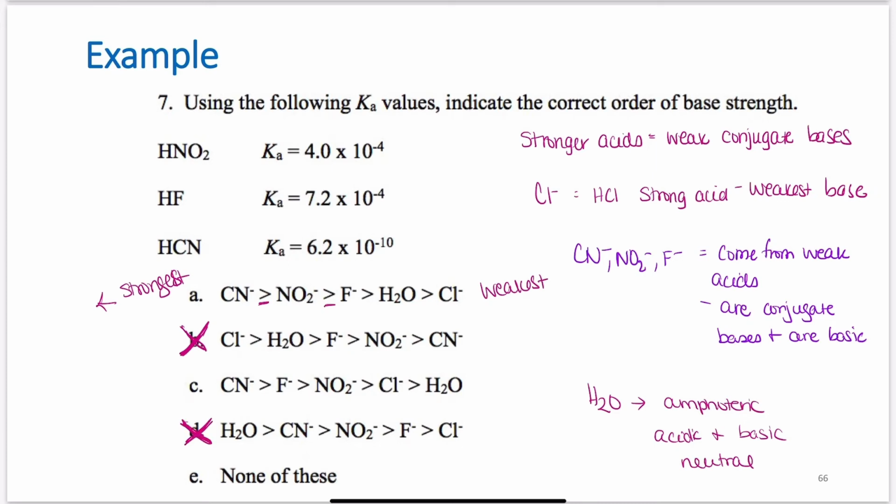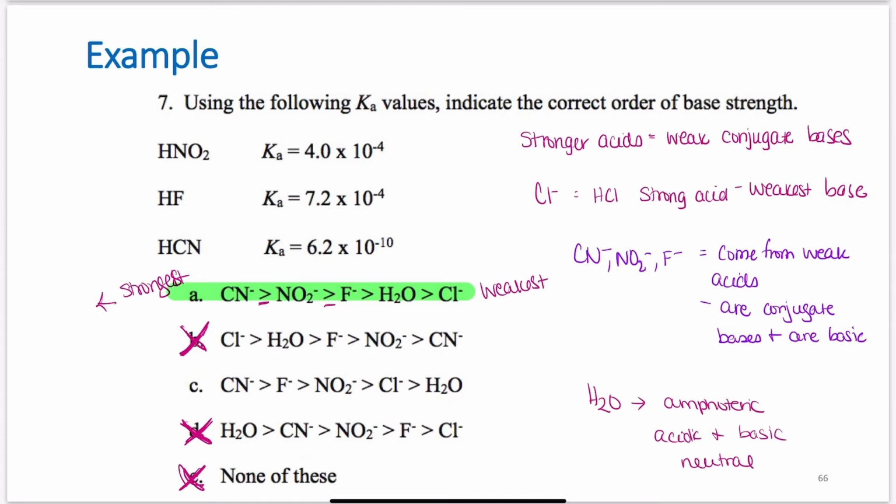So even if I didn't think about the fact that Cl minus is the weakest and water's next, I know it's going to be A. But if I had to compare the Ka values, instead of just recognizing, again, I know right now that A is it because Cl minus is my weakest base because it comes from the strong acid. But looking at your Ka values here, this should help too.